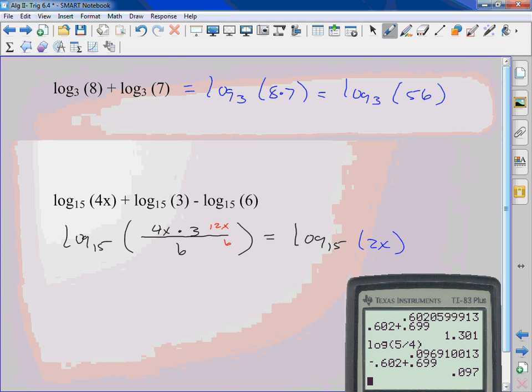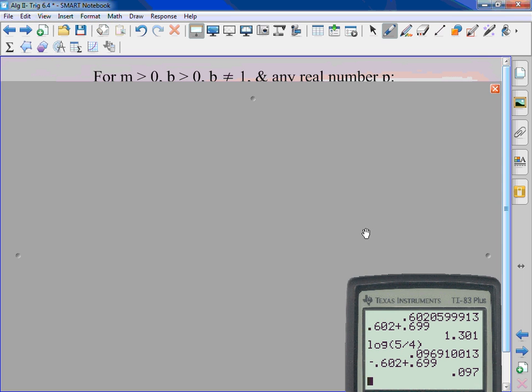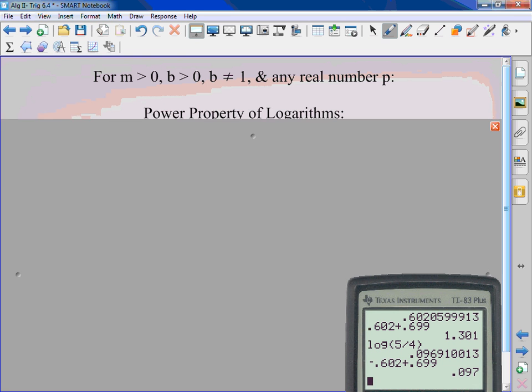When you subtract common bases, you divide. When you add common bases, you multiply. Same thing as before, except for now I have a real number p.